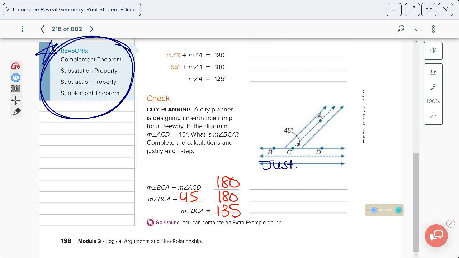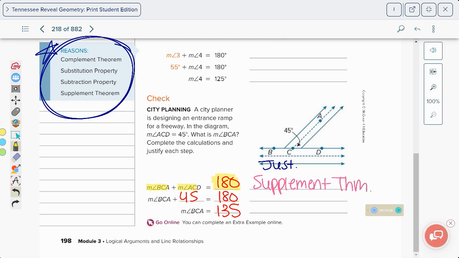All right, so I'm looking at my first statement. It says the measure of BCA plus the measure of ACD equals 180. So again, when I add things together and they equal 180, that is going to be the supplement theorem, because supplementary angles equal 180.